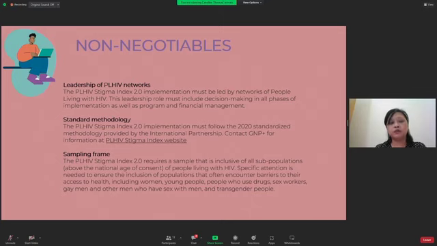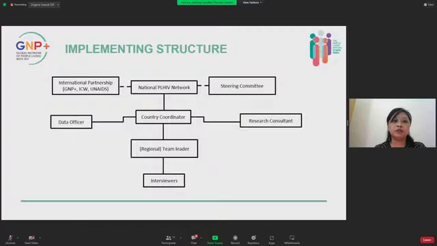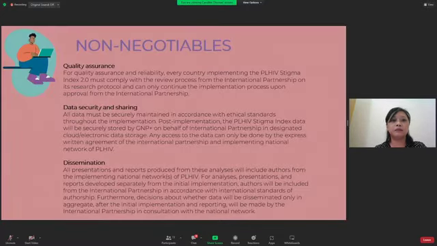And then, of course, for any quantitative research, it has to have a proper sampling frame, and it also includes people who are from the key population. Other than that, to ensure quality assurance, it must comply with the review process from the international partnership for its research protocol and also for the implementation.